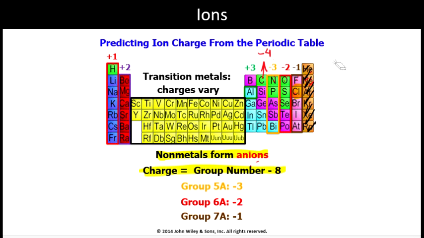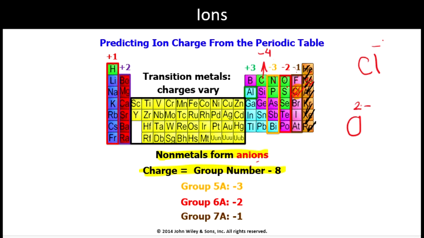So let me work on a couple of examples. I told you in the previous slides, Cl is 1 negative. Look, Cl is group number 7, 7 minus 8, 1 negative. Whenever we say 1 negative, you don't need to write the 1. You can easily omit it. Oxygen: group number 6, 2 negative.